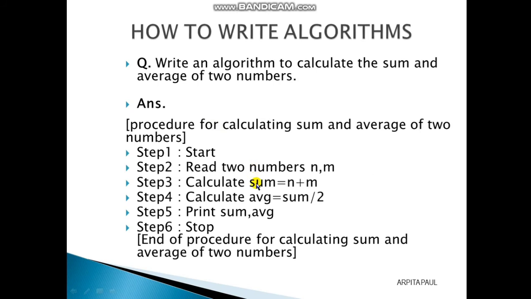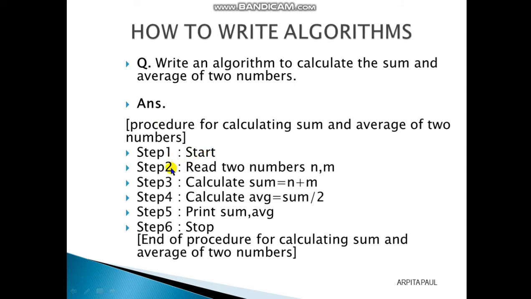See, this is the step-by-step description, or algorithm, I have written. Let me explain all the steps. First, when we are starting the algorithm, within brackets we will write a description: this is the procedure for calculating sum and average of two numbers. Then we will start with step 1, and here we will write the word start.